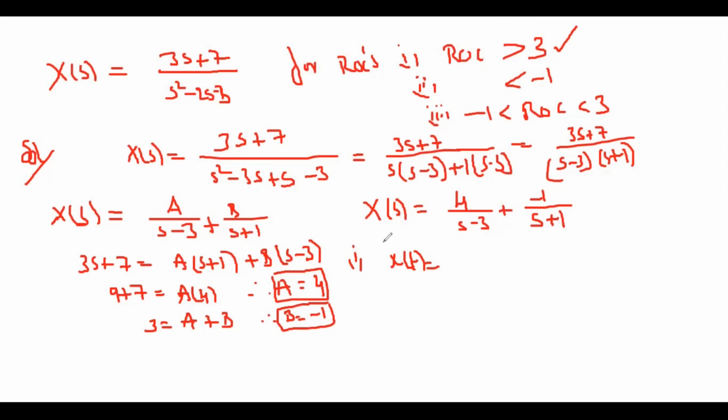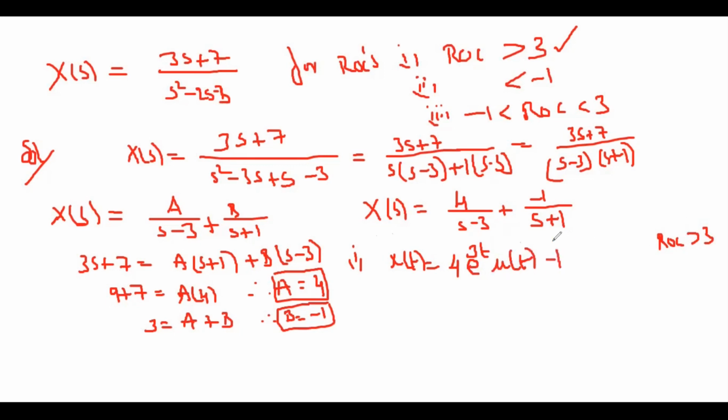When the combined equations are given, you can see the value here. First of all, I am writing the ROC greater than 3, means positive real axis only. 4 into 1 by (s minus a) means e power at, so e power 3t into mu of t. I am writing mu of t because it is greater than.